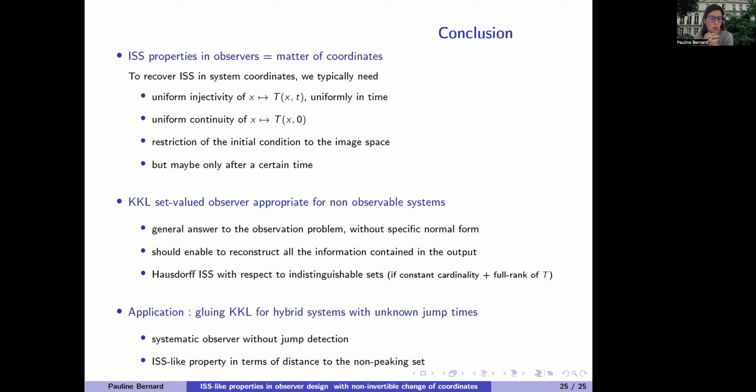In the case where you're not observable, we saw that the KKL approach was very adapted to that, because it could provide you Hausdorff convergence and even Hausdorff ISS to the indistinguishable sets, which is very helpful in hybrid systems with unknown jump times with ISS-like properties, but instead of being in the Euclidean context, you are in terms of distance to an appropriately chosen set. So this is roughly all I wanted to tell you about.